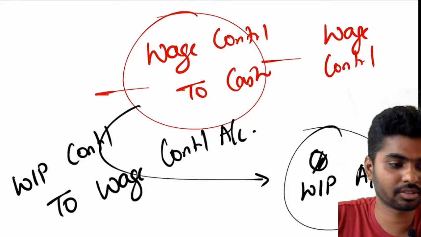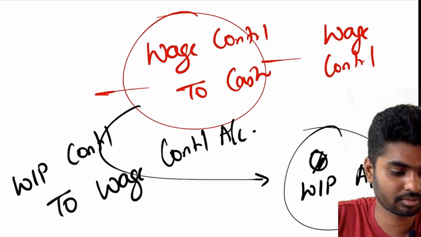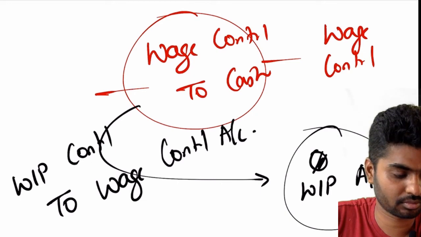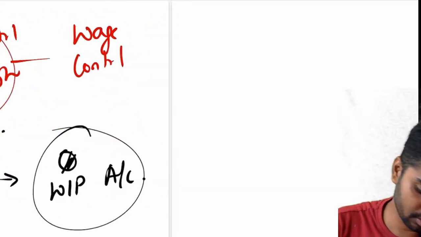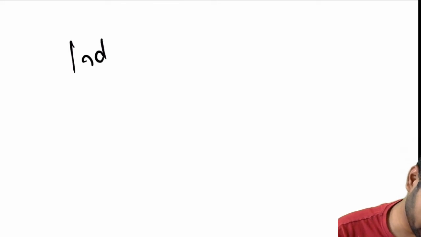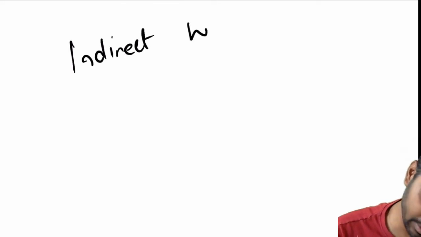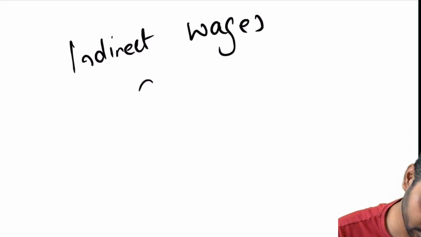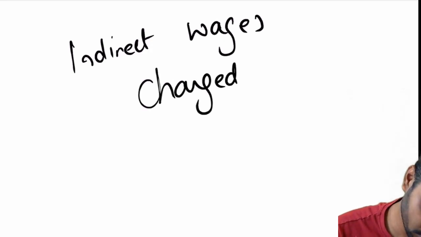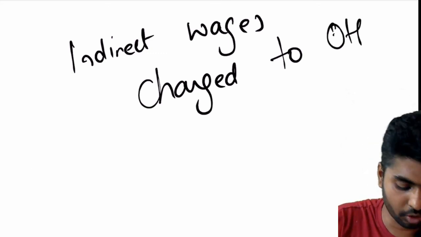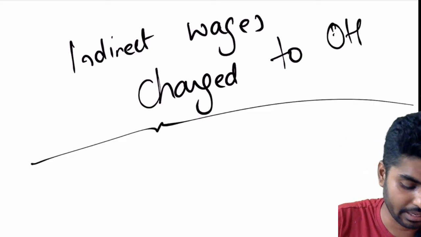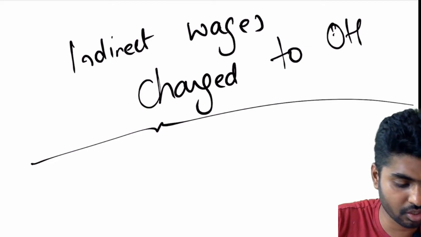Okay. Next one. What if we say indirect wages charged to overheads? What will be the journal entry here? Indirect expenses charged to overheads.